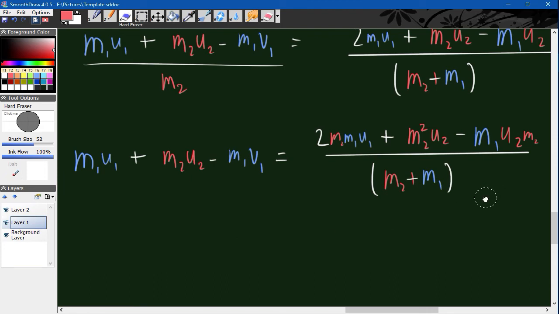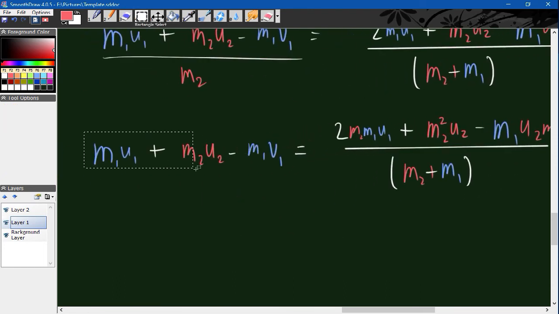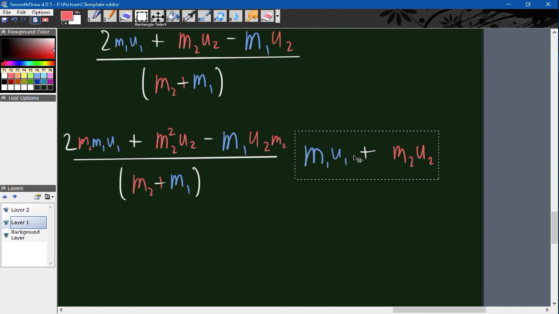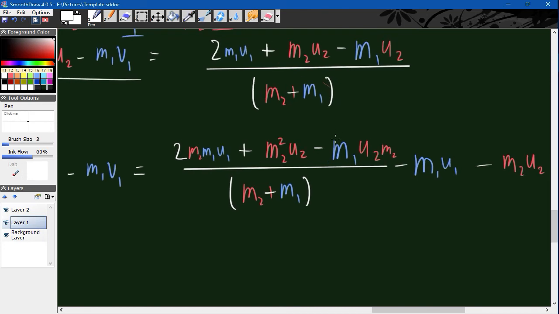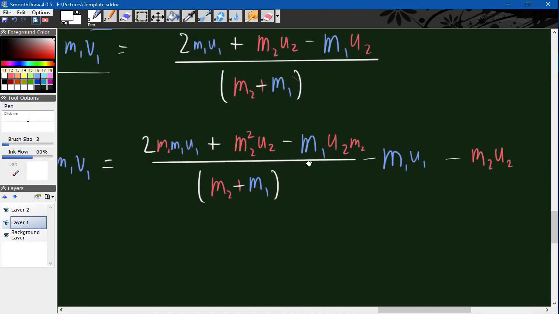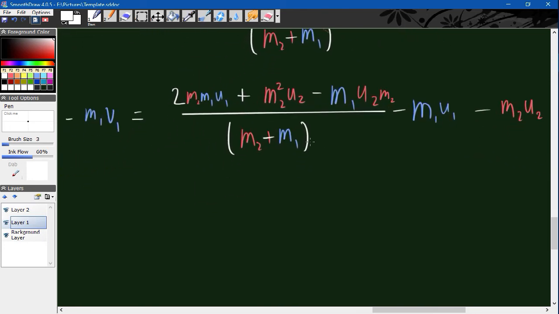We move this to the other side. Right, move these terms. No, what are we doing? Move these here, alright, and since we're transposing, we change the signs. Okay, this is getting a little messy, but it's fine, we can do this.